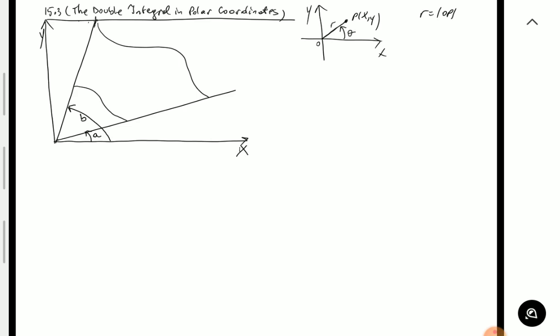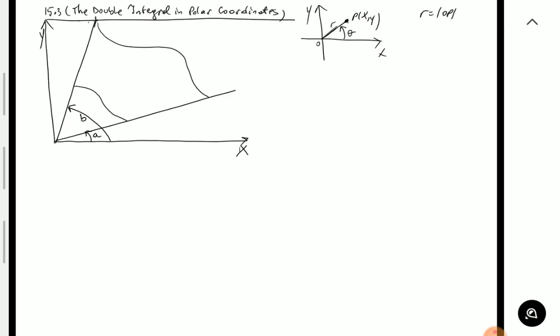So that also identifies the point. As with any two-dimensional system, you need two pieces of information, two coordinates, to identify the point. Either x and y, or the polar radius and the polar angle.